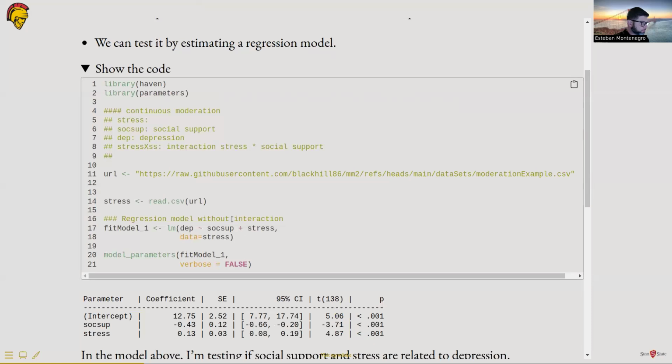So in this example, we have a data set that has a variable that measures stress. We have social support, and we have depression, right? And we have an interaction term that is the product of multiplying stress by social support, right?